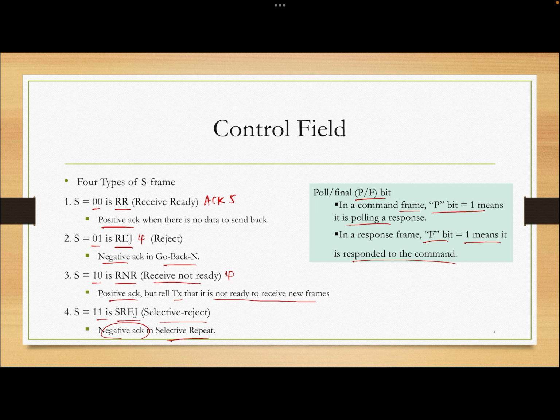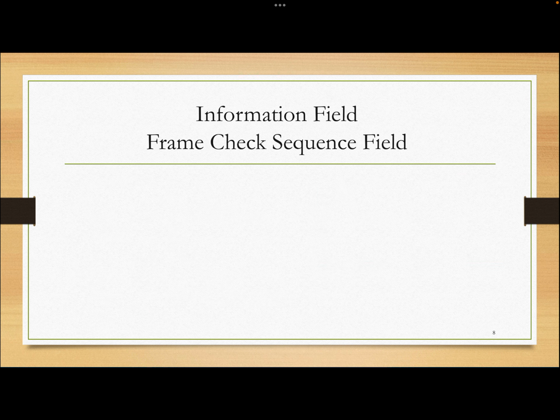So for example, on timeout, A sends frames to B and then nothing comes back until timeout, and A may ask for polling, to ask for status, and B may send back, I have received correctly up to 4 and am waiting for number 5. This is my status, and I also set the final bit to 1, okay, something like that.